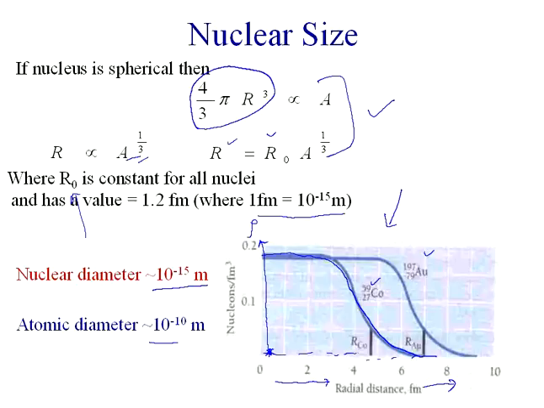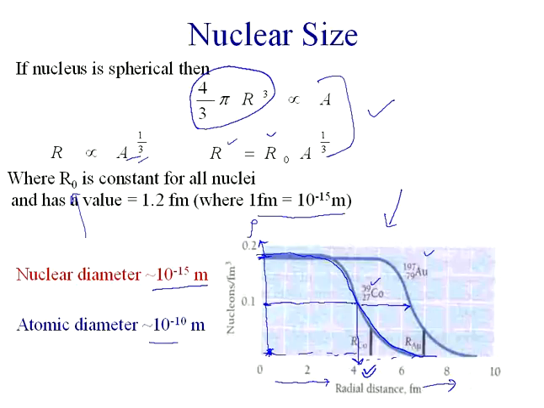The radius r of a nucleus has also been defined as the distance at which the density of nuclear matter falls to 1/2 of its maximum value. So the maximum value is suppose this one, so half of it is this one approximately. Where this line cuts, that distance on the x-axis is the r naught. So this is the nuclear radius for this particular nucleus, and similarly for the next one.